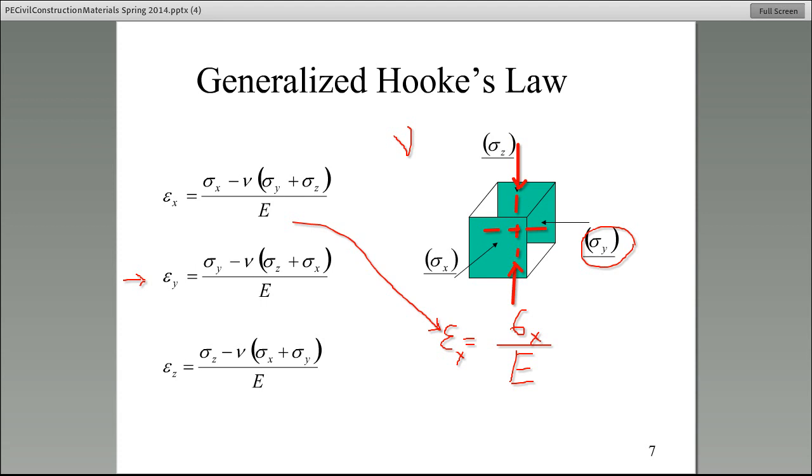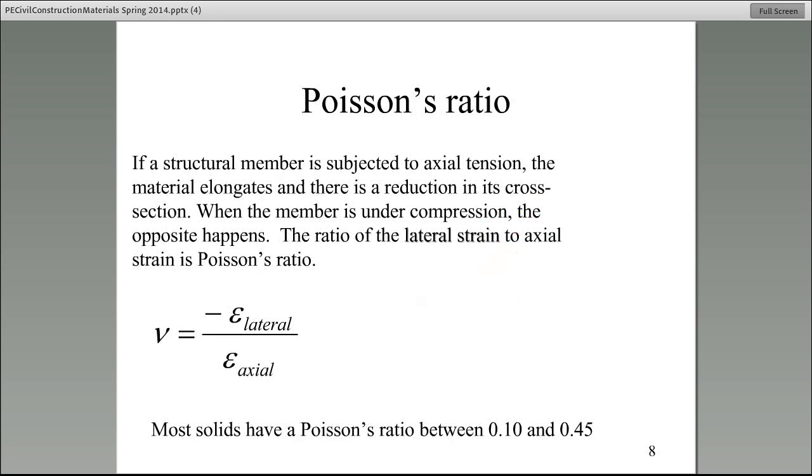Remember, this is always a negative. Negative nu times, in parentheses, sigma z and sigma x. Again, sigma z and sigma x are the other two stresses, because in this equation, we're looking at changes in y. So there's a pattern to these three equations. Let's go to the next slide.